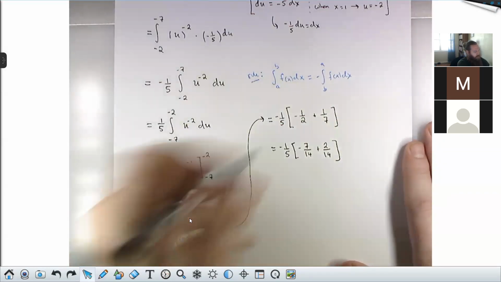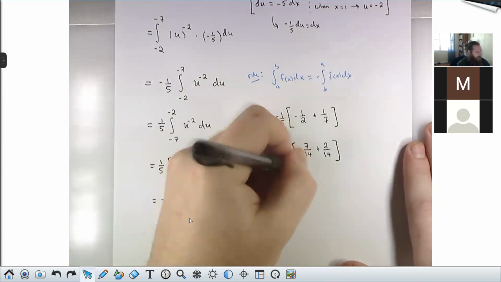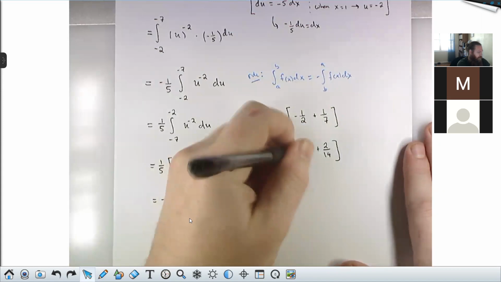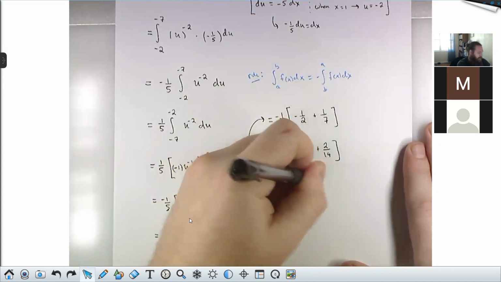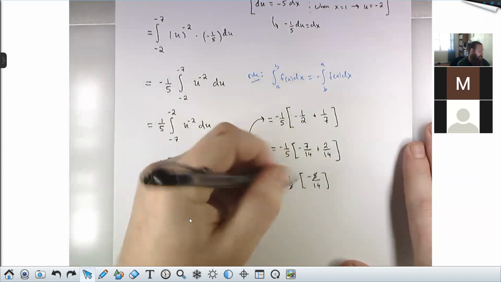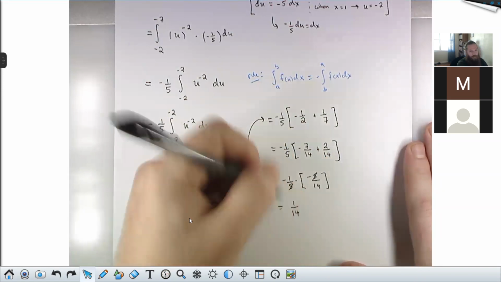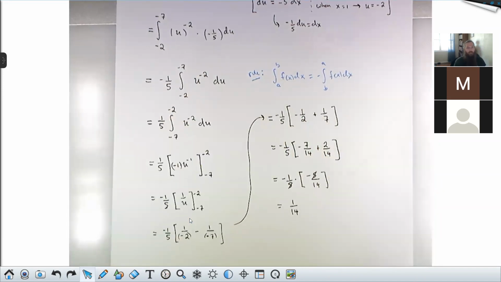And -7 plus 2 is -5. So this is -1/5 times -5/14. And the 5's cancel. The negatives eat each other up. And we get +1/14. Any questions on this?